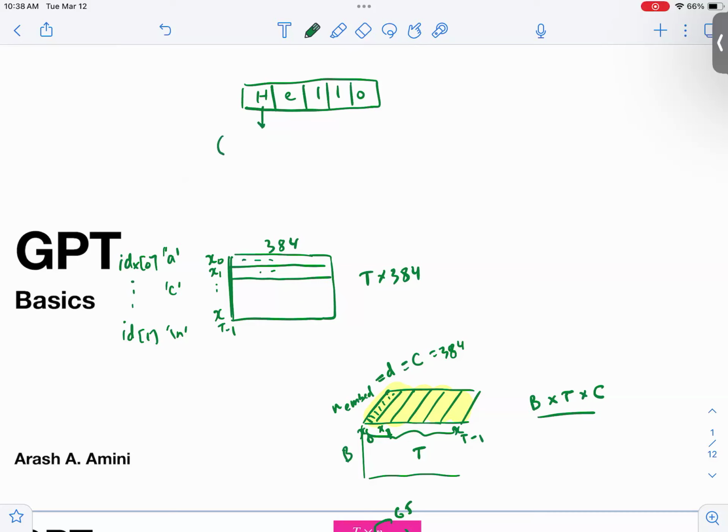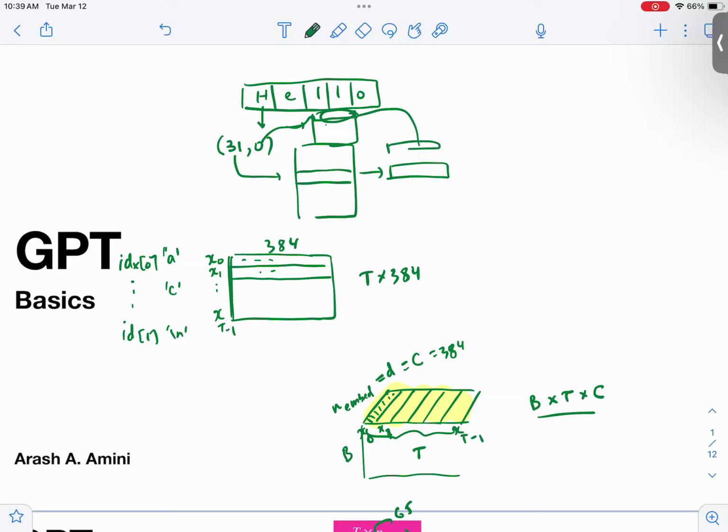Maybe it's word 31 in the vocabulary and the position is 0. So this 31 goes into that token embedding table, row 31 picks up something. And this 0 goes into the position embedding at location 0, picks something, and you add these two up.